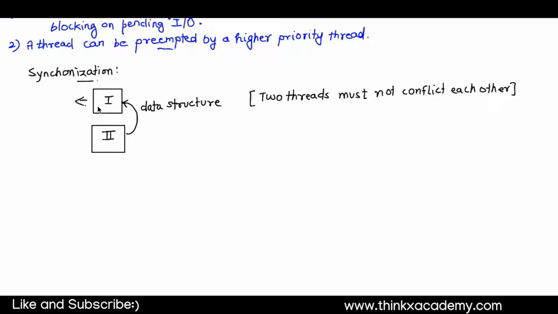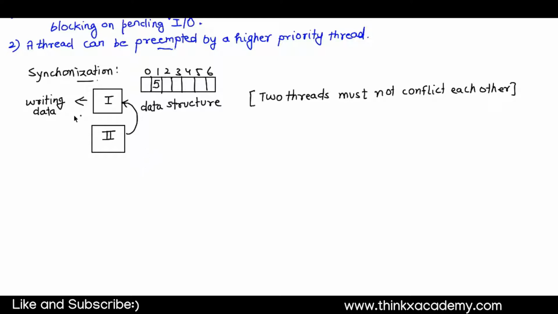So let's suppose this thread is writing some data in this data structure. For example, I have an array, and I will assign some index positions to this array, and I say that now I want to write 5 at the first position.